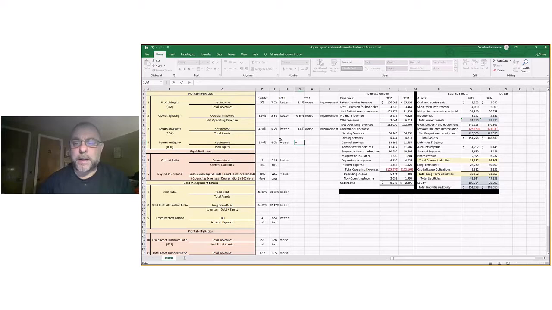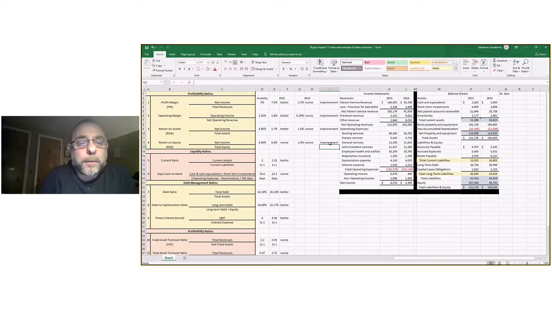So we're going to take our net income again, and we're going to divide that by our total equity, which is the 98,792. And let's put this in percentage style. So about 2.4%, comparing that to the industry, worse again. But comparing it to 2015, we saw some improvement.